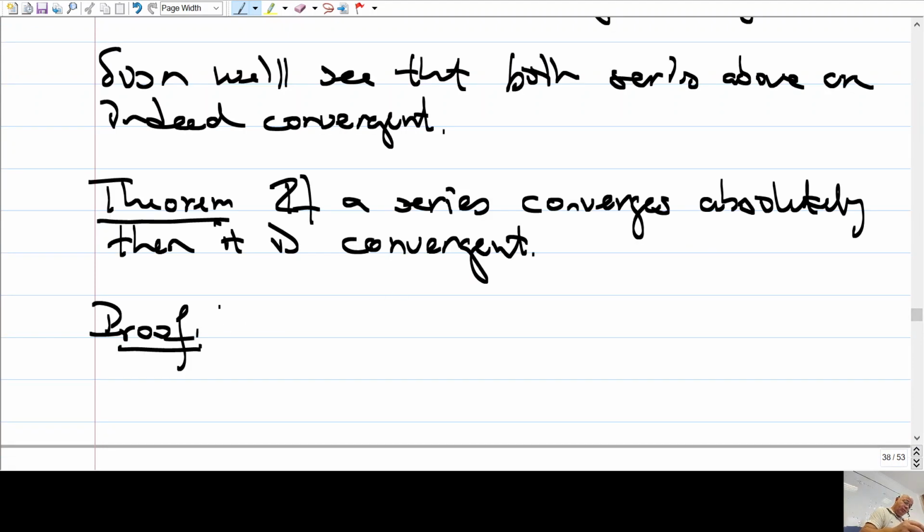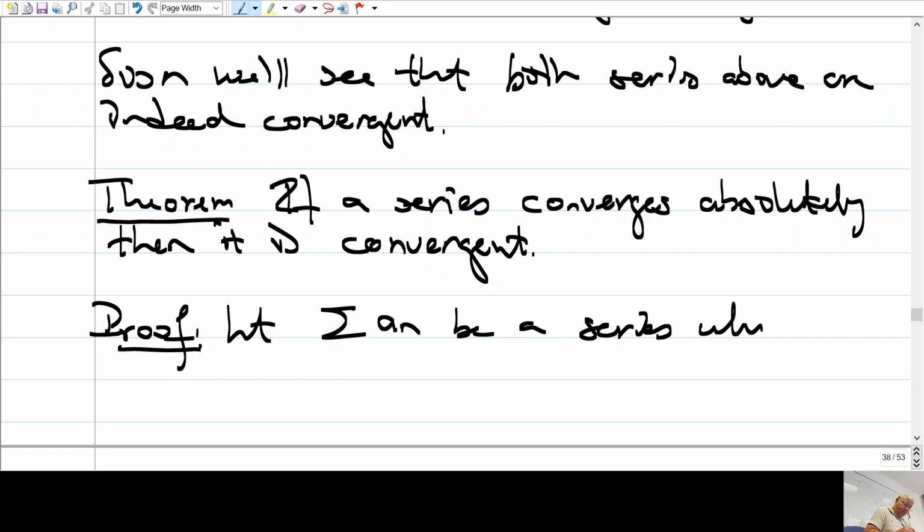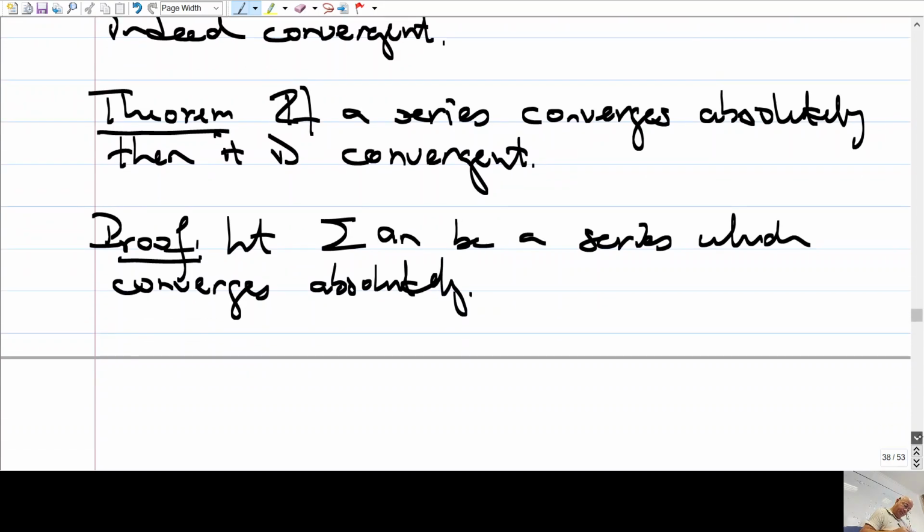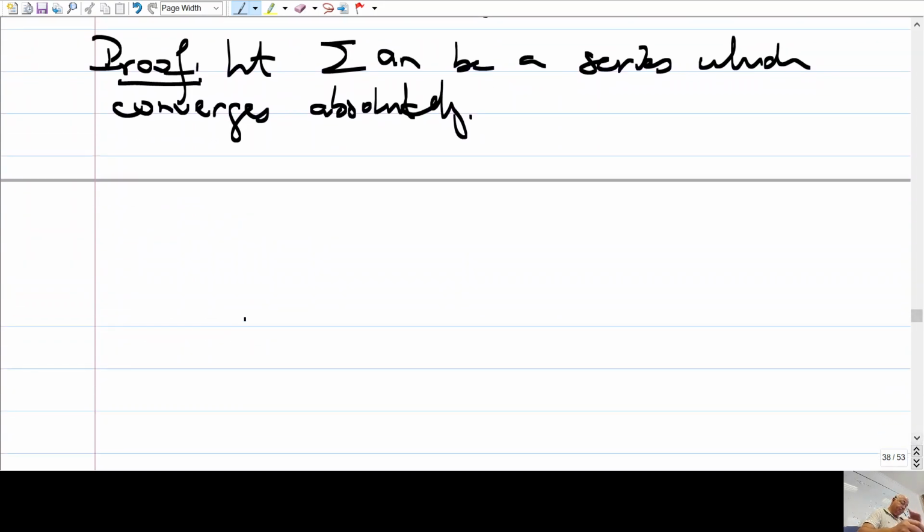Proof is as follows. Let the series an be a series which converges absolutely. Then, of course, the series of absolute values is convergent.